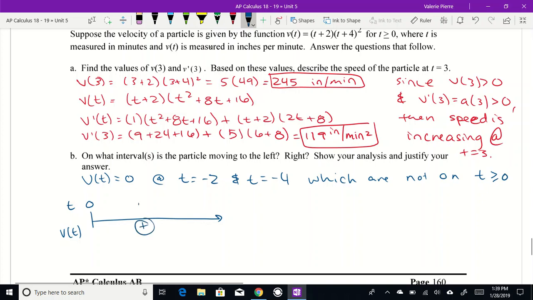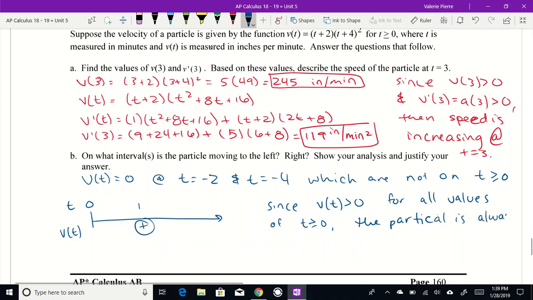Right? I can plug in 1, I can plug in 2, I can plug in 15. It doesn't matter, my velocity will be positive. So since v of t is greater than 0 for all values of t greater than or equal to 0, the particle is always moving to the right.